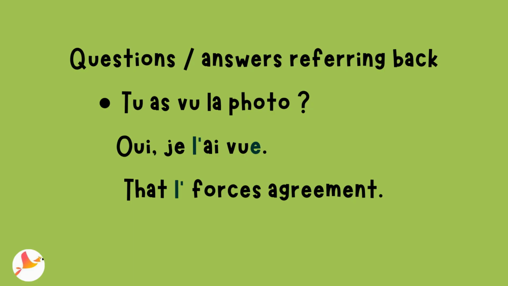So in this example, we see that the l' forces the agreement between the direct object and the past participle, and an E is added. Why? Because the l', which is a pronoun, replaces la photo. And what do we know about the gender and number of la photo? It is feminine singular. Therefore, we need to add an E to the past participle.